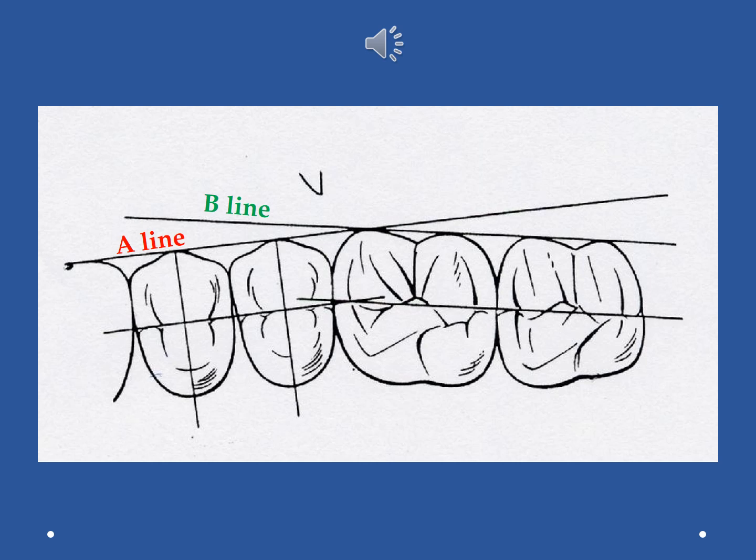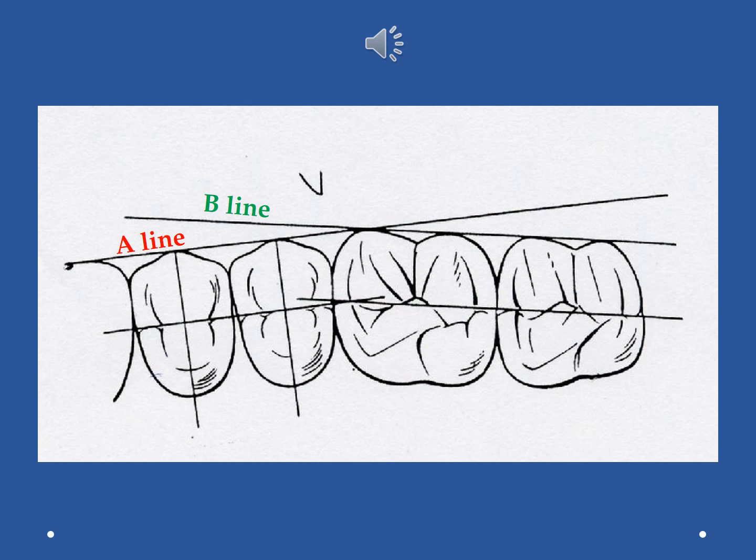The A line is formed from the distal surface of the canine, continuous with the labial surface of the first premolar and second premolar, and the labial surface of the mesobuccal cusp of the first molar, while the B line is formed between the buccal surface of the first molar and the buccal surface of the second molar. The angle between the A line and B line should be an obtuse angle following the shape of the arch.